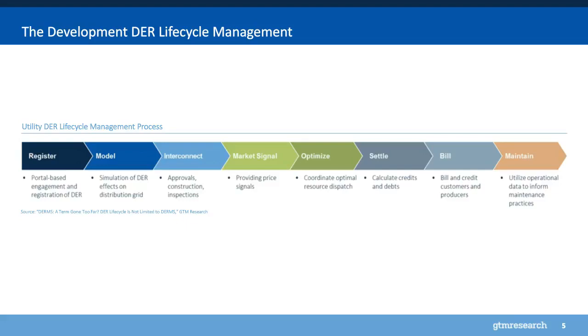In that discussion, we came up with this DER lifecycle management process, which is greater than just one software system and brings together a lot of the capabilities that exist today or are being built within utilities to better include these resources within traditional utility processes and better adapt them to be beneficial to the grid. So we'll go a little deeper into this.